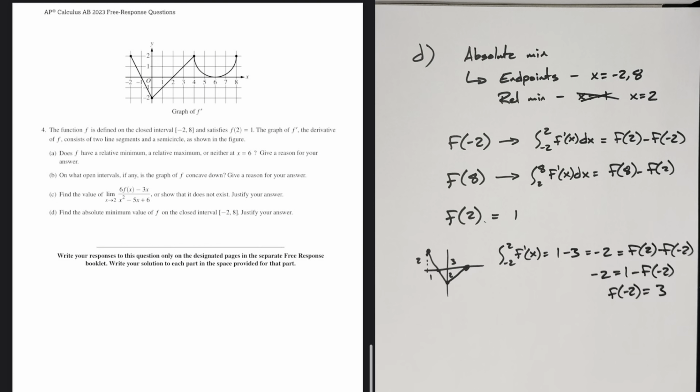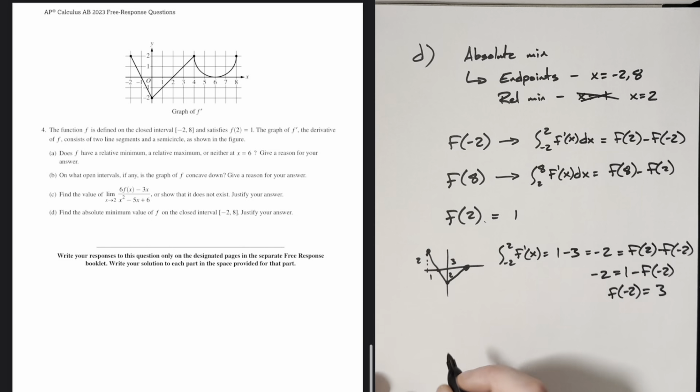Now we can compare these two, right? And we see that the only possibilities here are, we got f of -2 is equal to 3. Well, that's definitely larger than 1. So now the only thing that I need to check is 8, right? So let's check 8.